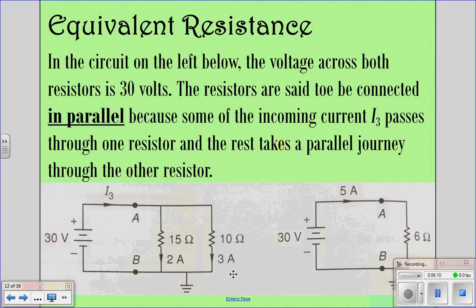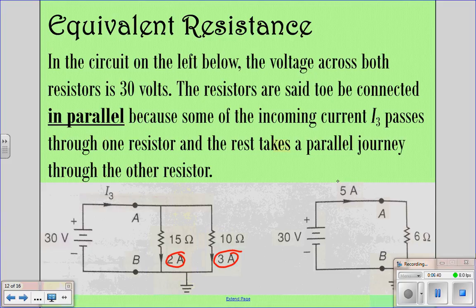The way that you figure that out, if you look here at the 15 resistor, the current is 2. And over here, if you look at this resistor, the current is 3. And so the new current over here, this I, has to be a total of a 5. So that's what we put here, a 5.